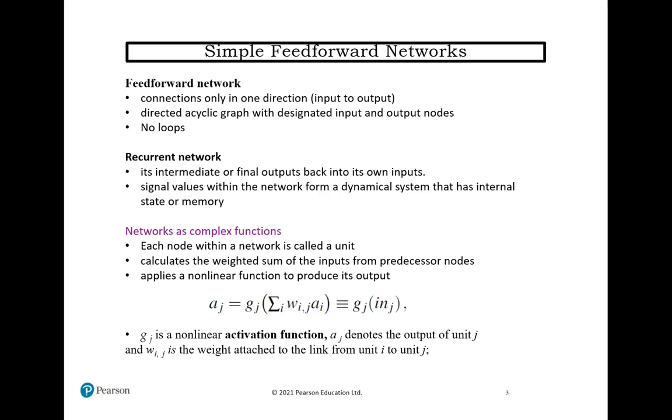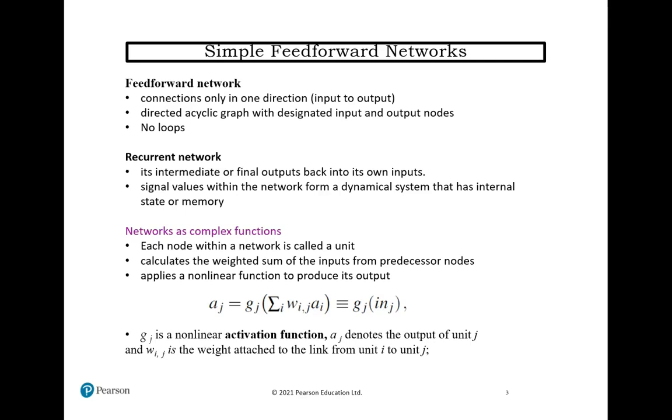So essentially the training process is about finding the weights here, w sub i j, where a i is the input of unit j, and w sub i j is the weight of the link from unit i to unit j, and finding these optimum weights to minimize a given loss function.